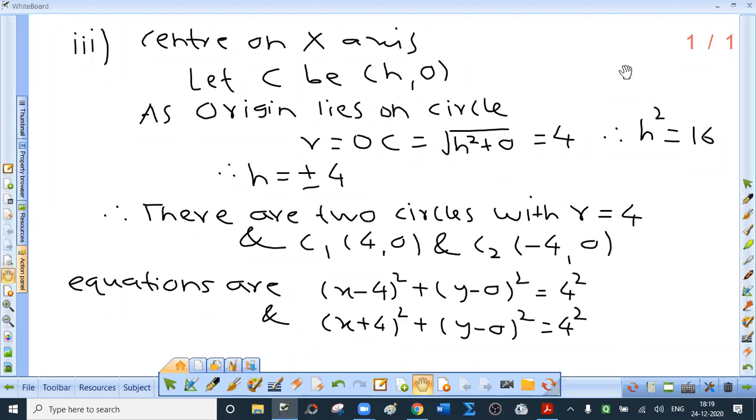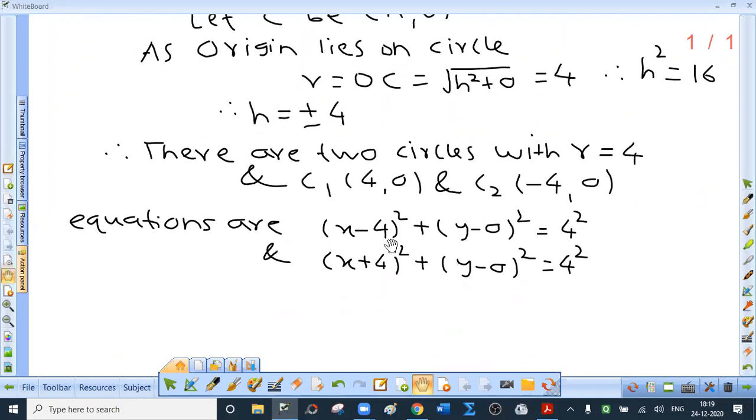It is OC. By the distance formula, it is root of (h minus 0) square plus (0 minus 0) square, that is root h square, given to be 4. So h is either plus 4 or minus 4. It means there are two such circles. The radius of each circle is 4. The first circle has center (4, 0) and the second has center (-4, 0).